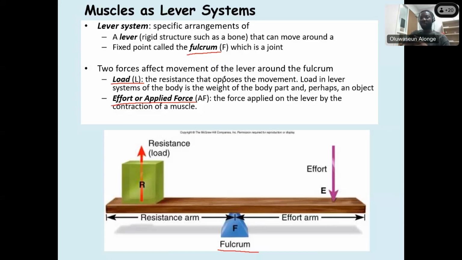The load is the resistance force that opposes the movement. Load in the lever system of the body is the weight of the body part. So the weight of the body part is the load, or perhaps if I'm holding something, it's adding to the weight as well. The effort is the applied force on the lever by the contraction of the muscle. That's the effort.